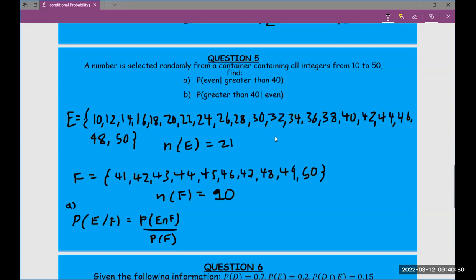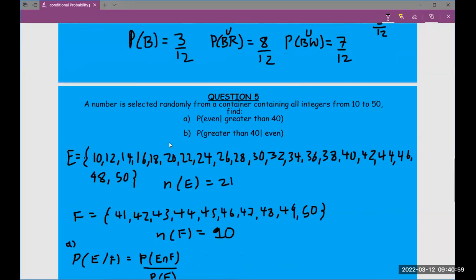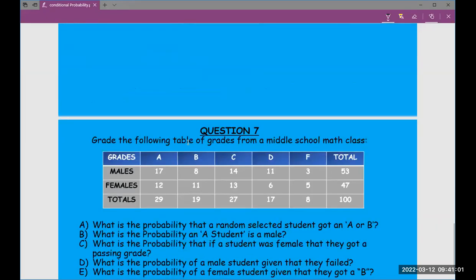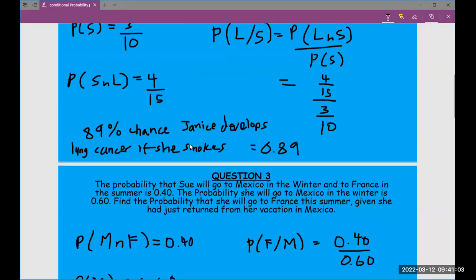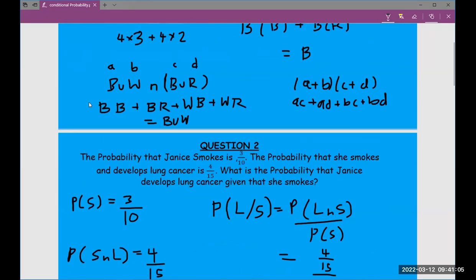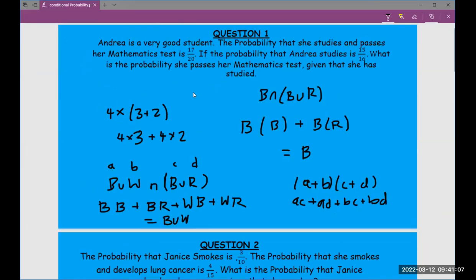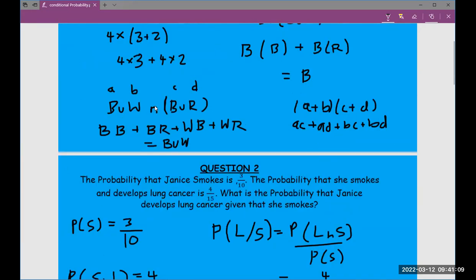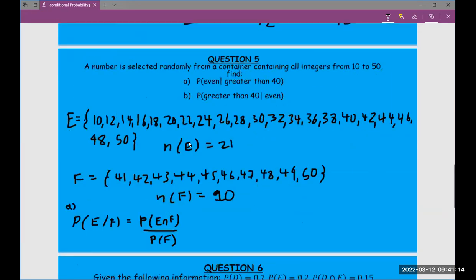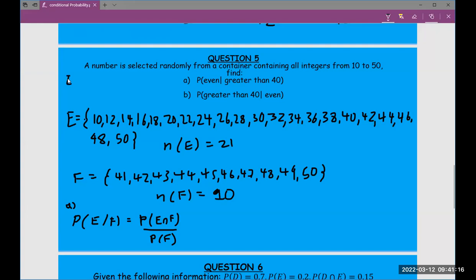Realize we don't have the set E intersect F. So write down the set E intersect F now. You can do it on the same page, man. It's no problem. Yeah.